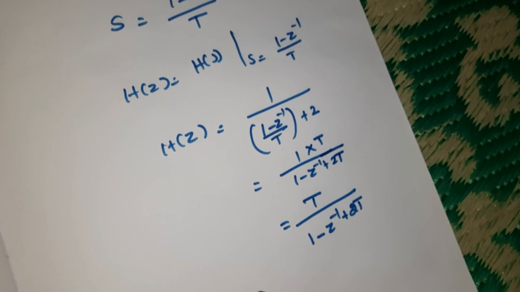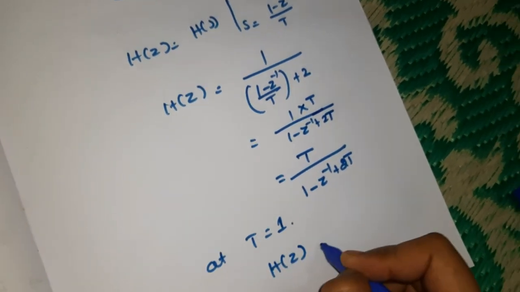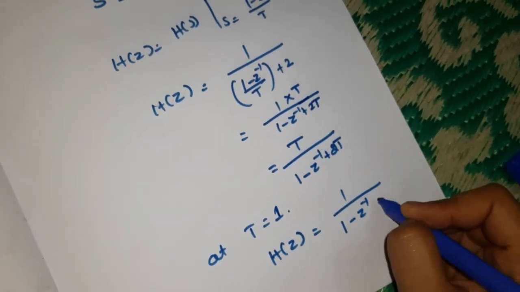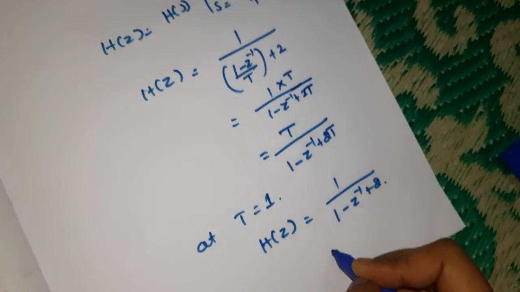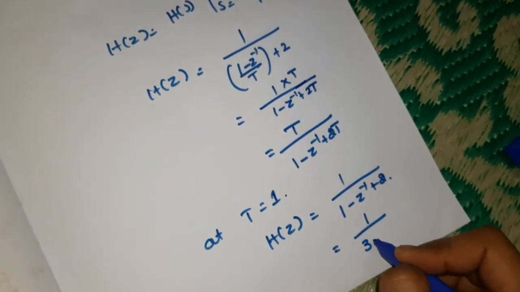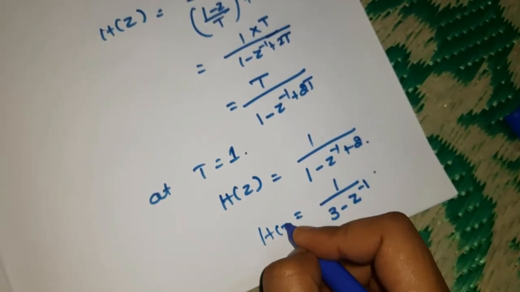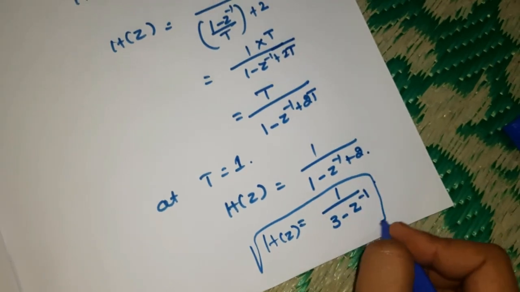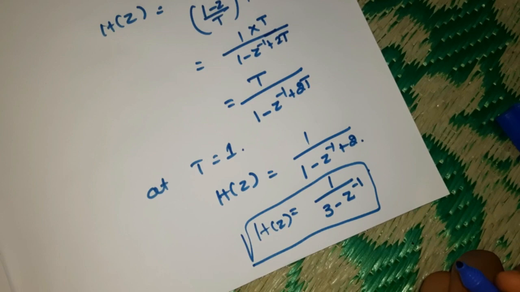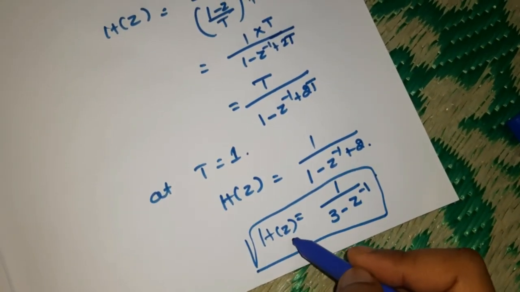So at T = 1, we will get H(z) = 1/(1 - z^-1 + 2). So this can be written as 1/(3 - z^-1). So H(z) is equal to 1/(3 - z^-1). So this is the conversion of H(s) into H(z).